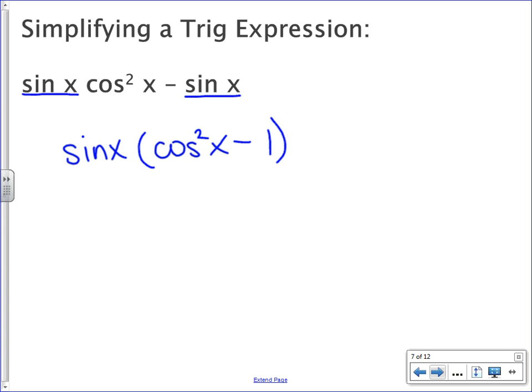Now, this is what I need you to notice. Anytime you see a sine squared plus cosine squared, that's a hint that it's a Pythagorean identity. Now, we can rearrange these identities to be able to use them. So I want to go back to here.